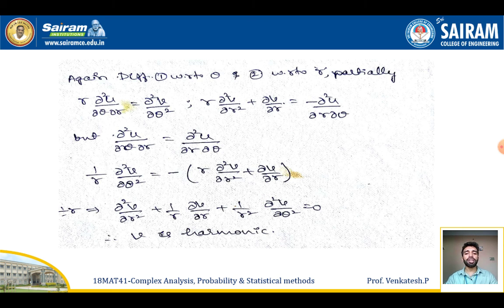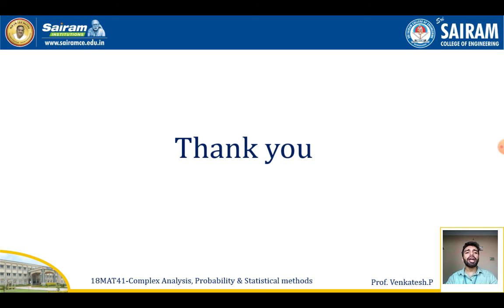This is the required condition to show that v is harmonic. So I can conclude that in the polar form also, u and v are harmonic. Finally, the real and imaginary parts u and v of the complex variable are harmonic, both in the Cartesian form as well as in the polar form.